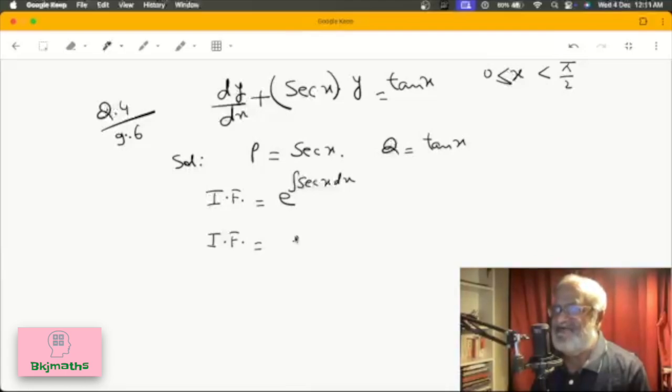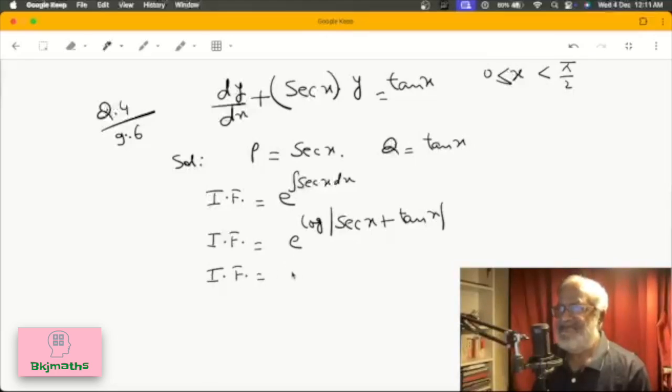So e to the power log of sec x plus tan x. So e and log cancel. So the integration factor is sec x plus tan x.